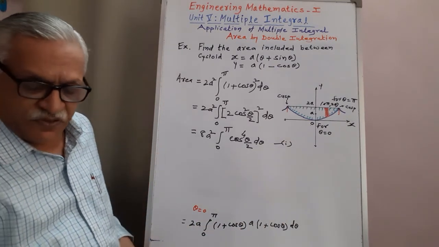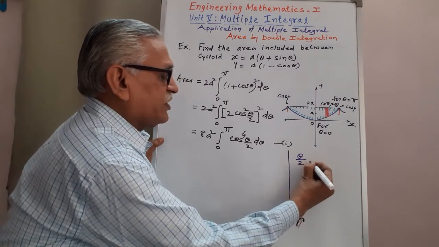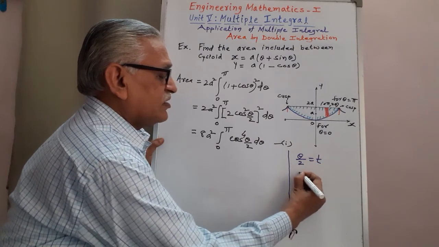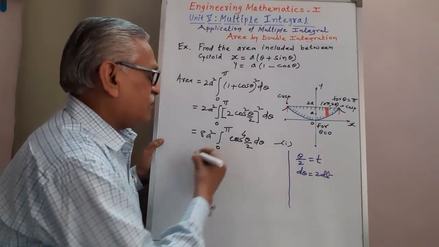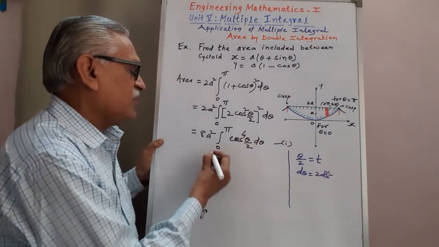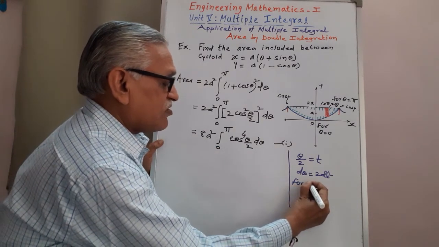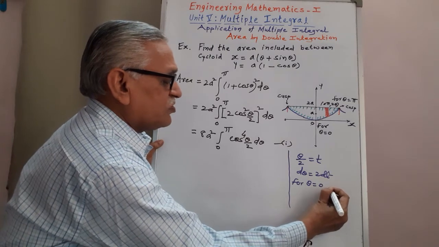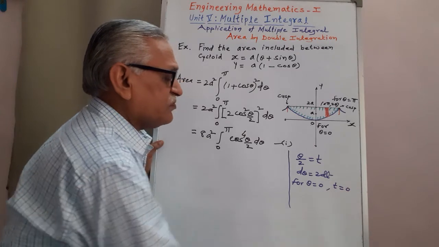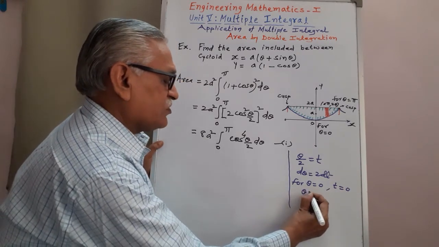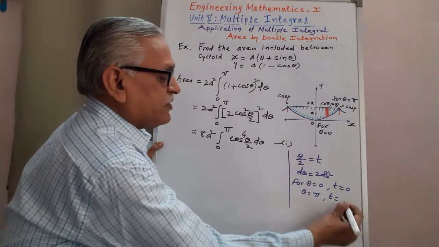Then using the substitution, put theta by 2 equals t, d theta equals 2 dt. For the new limits, when theta is 0 we get t equals 0, and for theta equals pi we get t equals pi by 2.